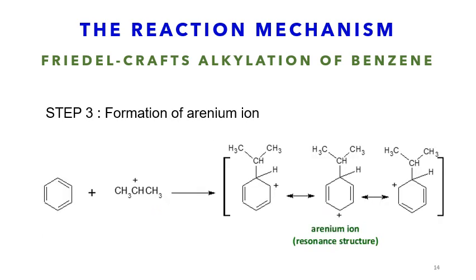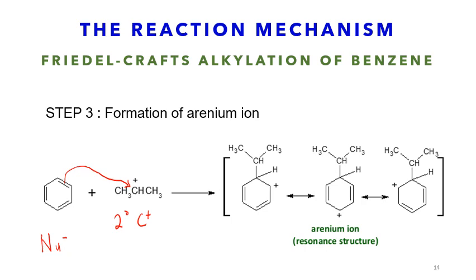The next step is to show the formation of the arenium ion. Since from the second step, we have produced a more stable carbocation, which is the secondary carbocation, this secondary carbocation will be the electrophile to react with the benzene. The benzene ring, which is the electron-rich species, will be the nucleophile. The pi electron from the benzene ring will attack the positive carbon of the secondary carbocation to form a bond.